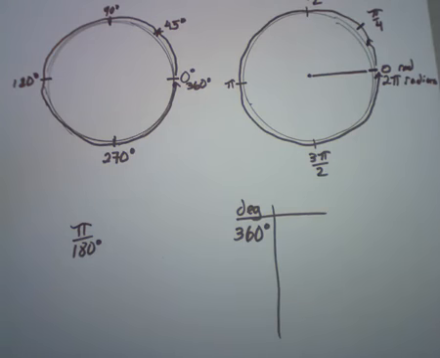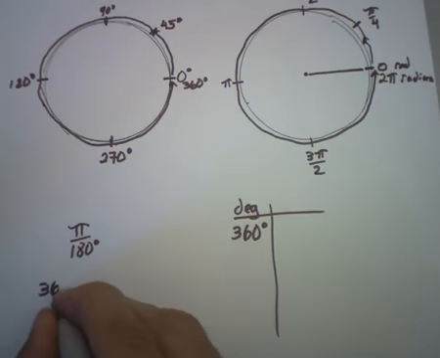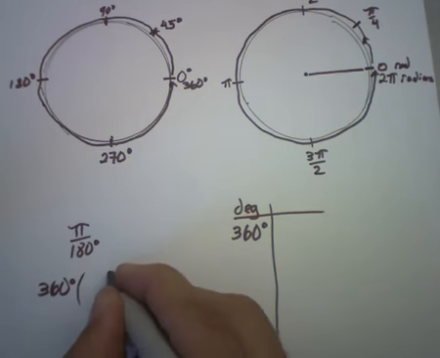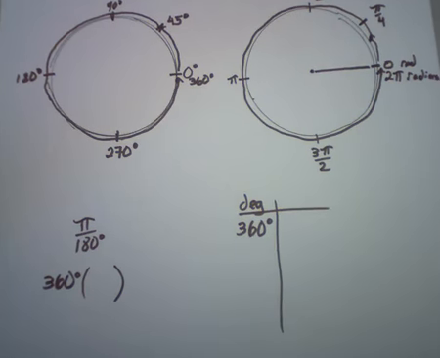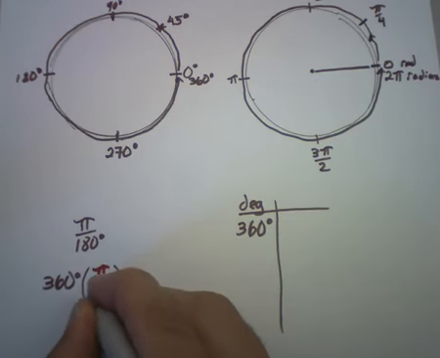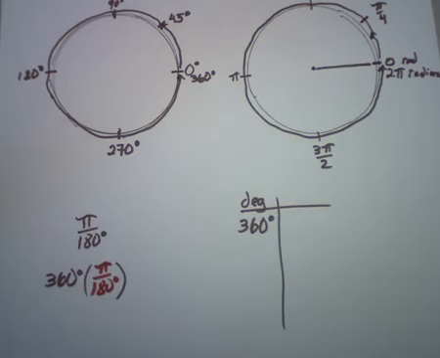So if we wanted to take 360 degrees and convert it into radians, we could multiply it by our conversion factor, which is pi over 180. And you can just do the math now.